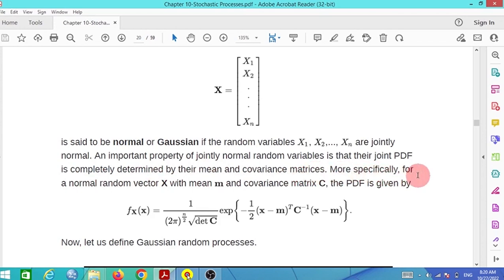More specifically, for a normal random vector X with mean m and covariance matrix C, the PDF, probability density function, is given by this notation.